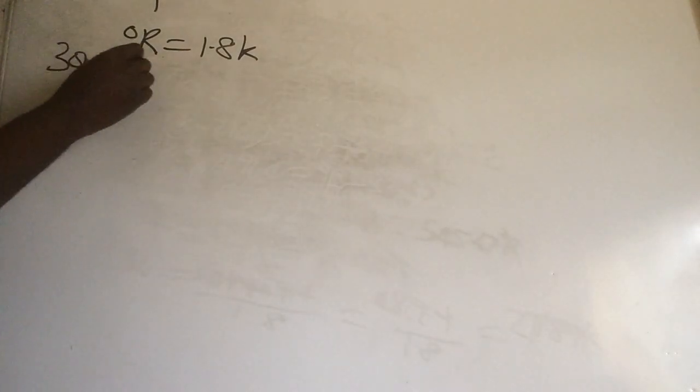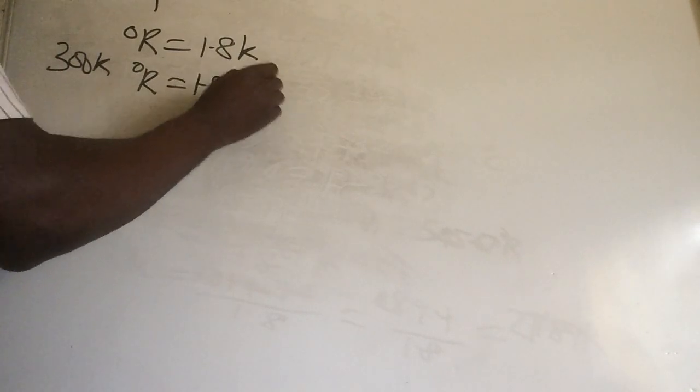So when you have 300 Kelvin, you have degree Rankine equals 1.8 times 300.